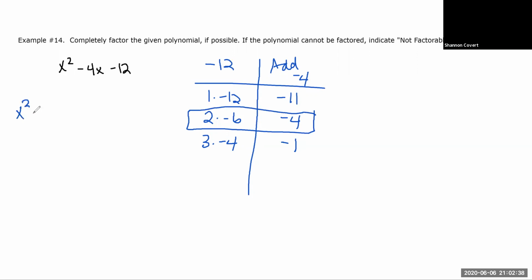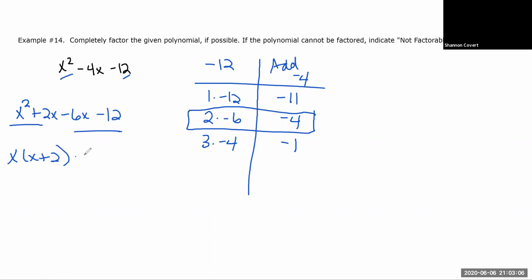Rewriting it, x squared plus 2x minus 6x minus 12. Keeping the first and last, replacing the middle. Greatest common factor between the first two is an x, which leaves me with x plus 2.